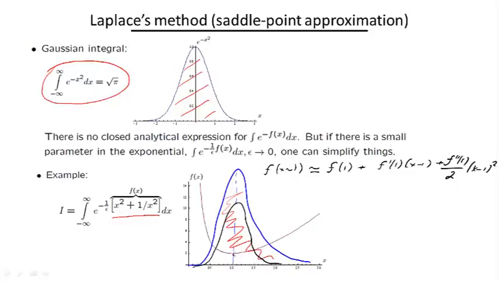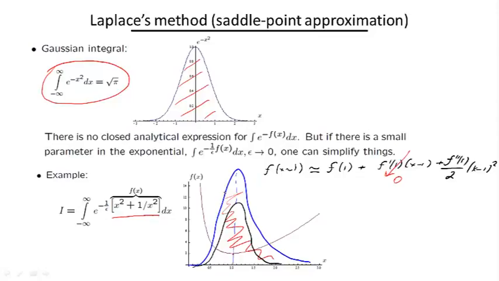But since this is the minimum of my function, the first derivative of my function here vanishes, so it becomes equal to 0. And so the only terms that matter in the leading order are this one and the quadratic term, which makes the integral that I'm dealing with Gaussian. And as I mentioned, we know how to calculate Gaussian integrals.